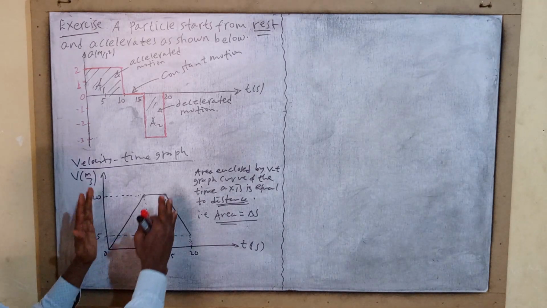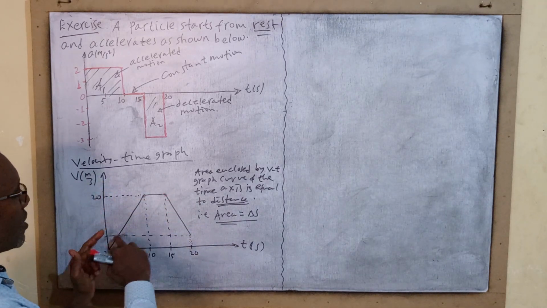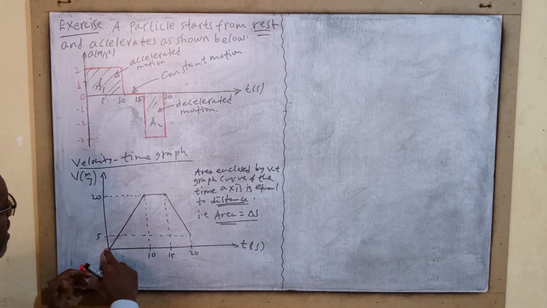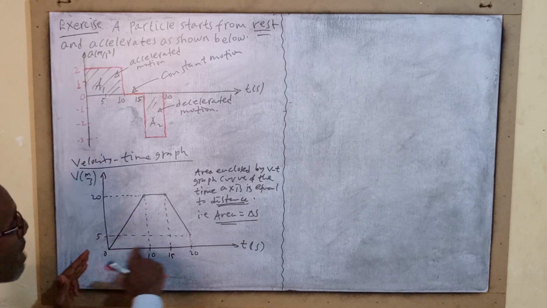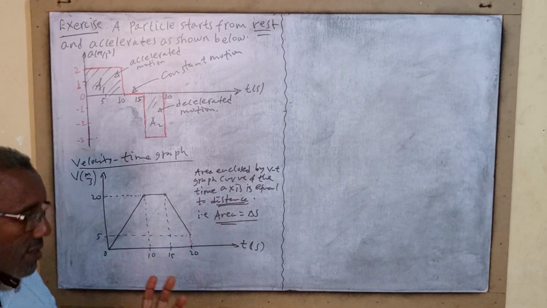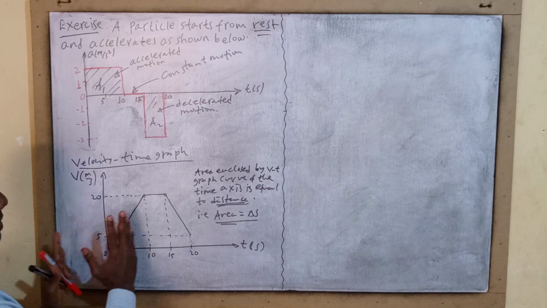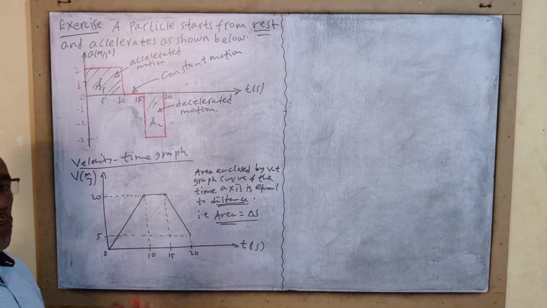Therefore, to find the area enclosed by this velocity versus time graph curve and the time axis, which is always equal to distance, we need to separate it into 3 parts, even into 4 parts.